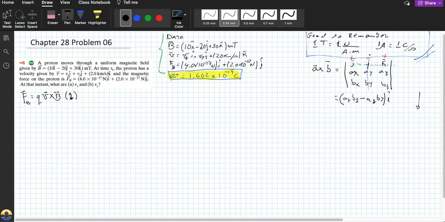But remember, the j component has a negative sign here. So I have negative, and then Ax times Bz, and then minus Az times Bx.